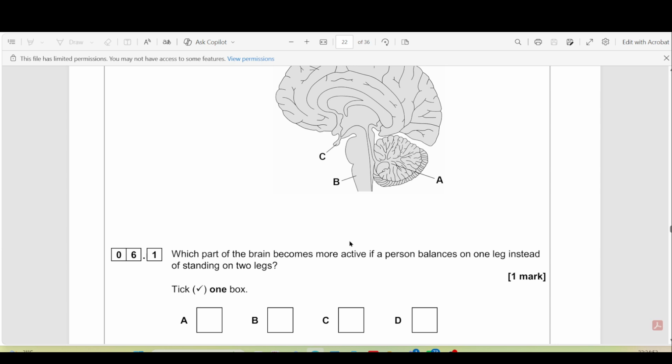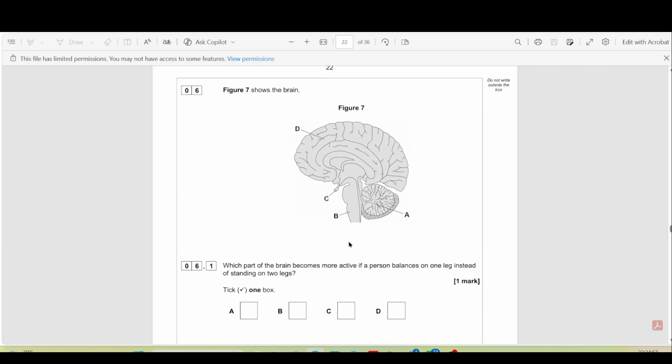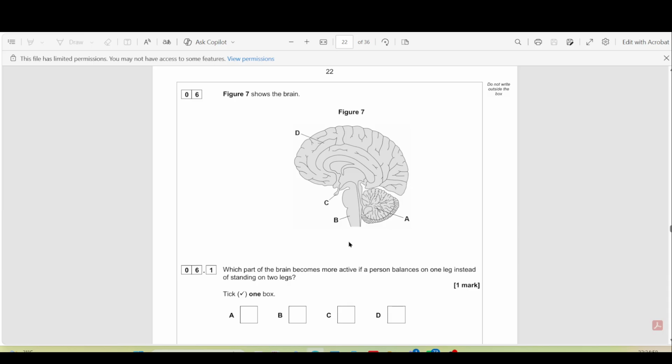Let's look at question six. Figure 7 shows the brain. Which part of the brain becomes more active if a person balances on one leg? C is the pituitary gland, so not that. It's A, the cerebellum.